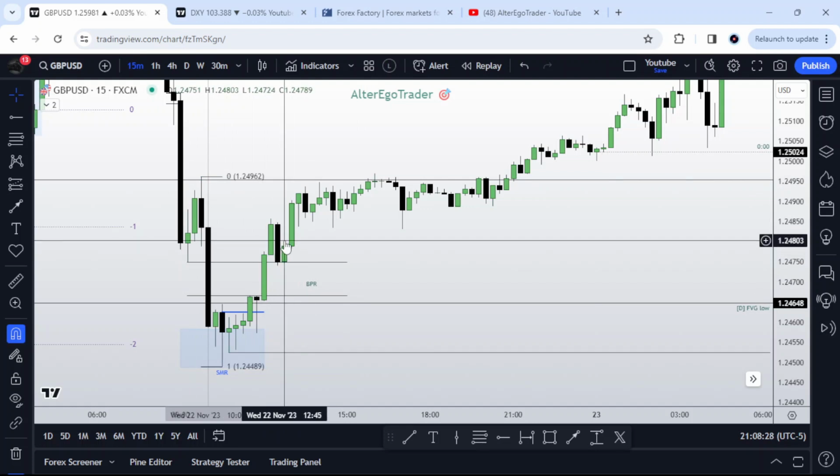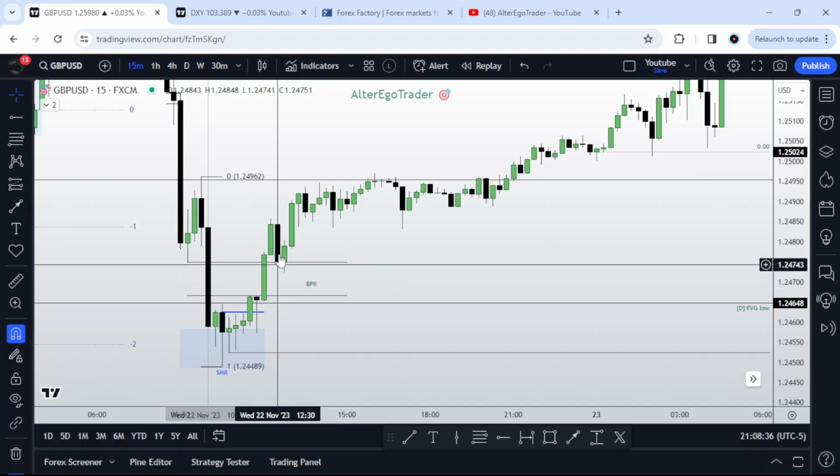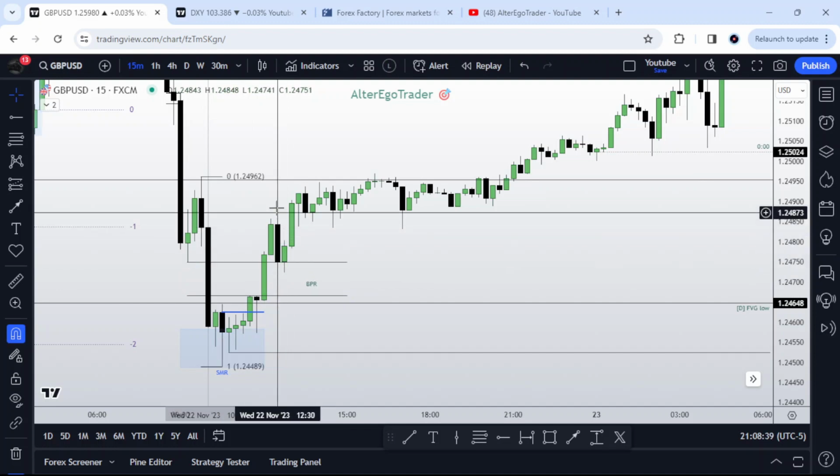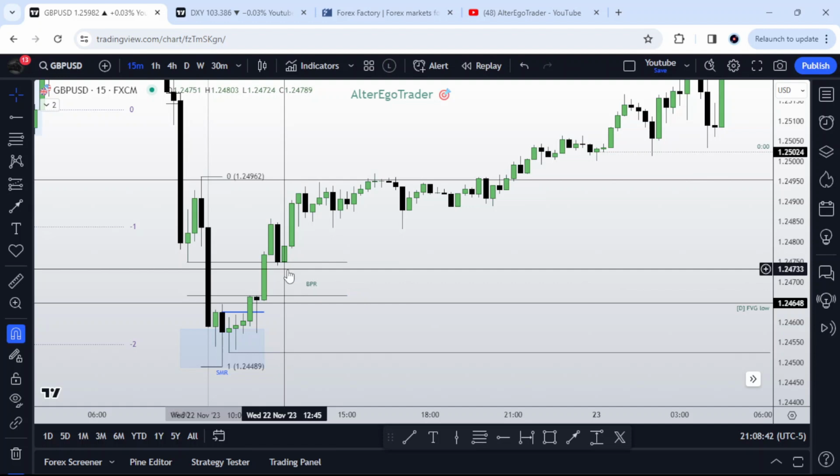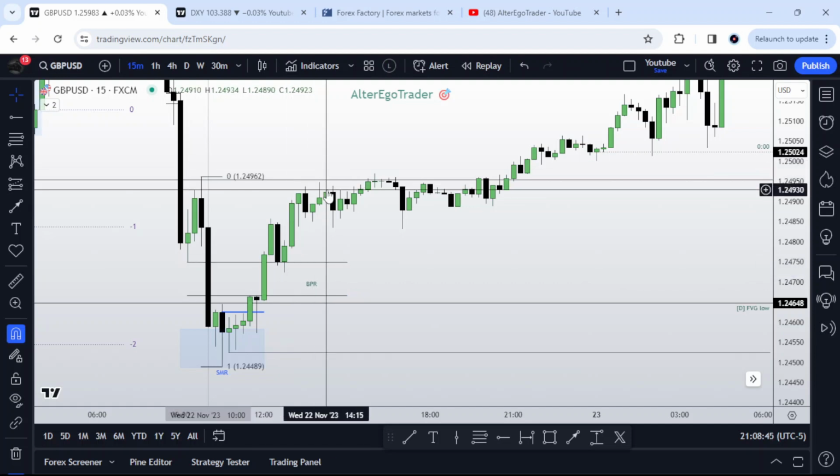So it's a bearish fair value gap that is going to be later used to send price higher. All right, so price traded down into it, ran the stops and took off.